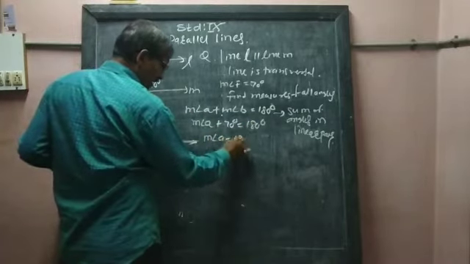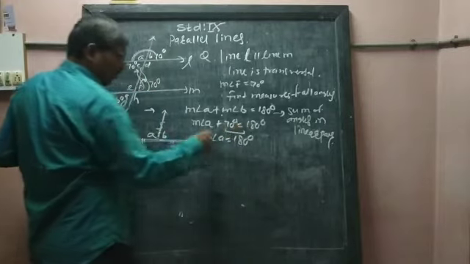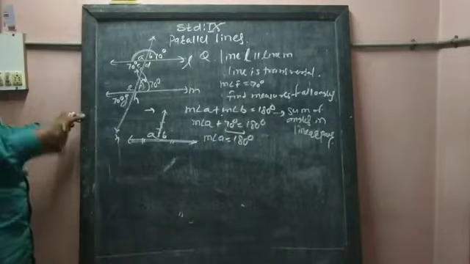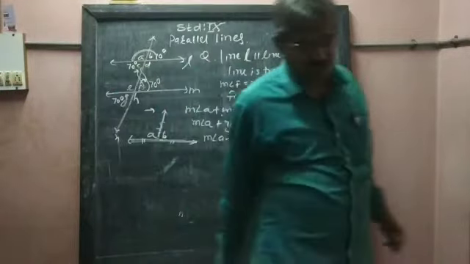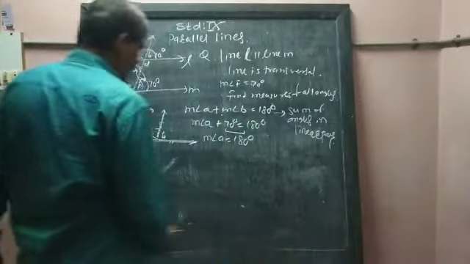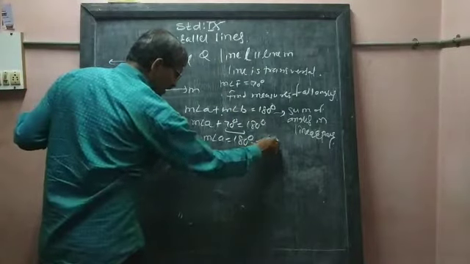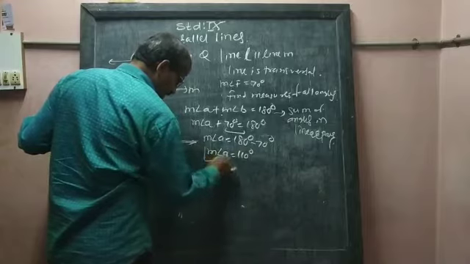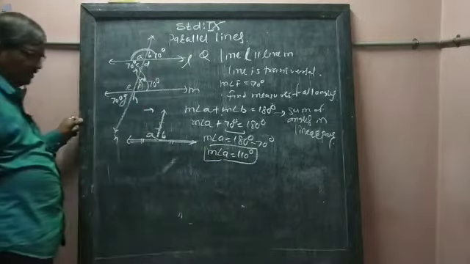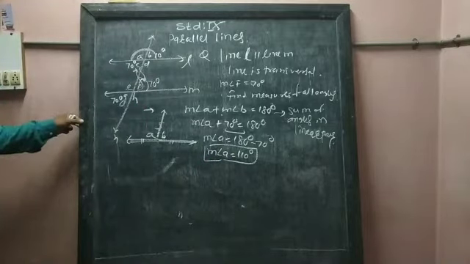Therefore, measure of angle A is equal to 180, and the 70 goes to the right hand side. When any positive number goes from the left to the right hand side, it becomes negative, correct? So this is minus 70 degrees. Therefore, measure of angle A is equal to 110 degrees.